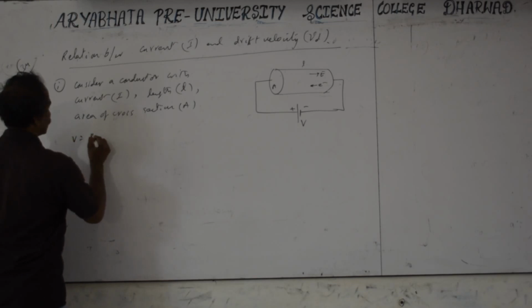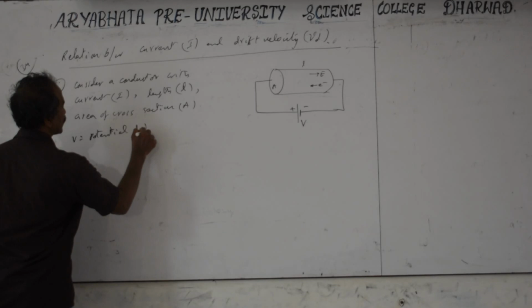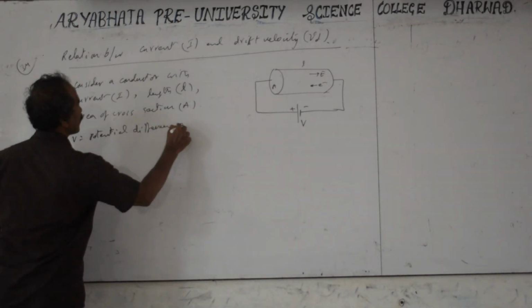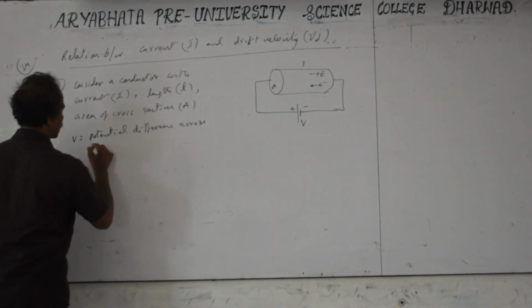V equals the potential difference across the conductor.